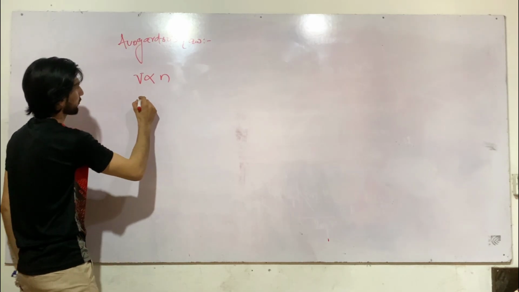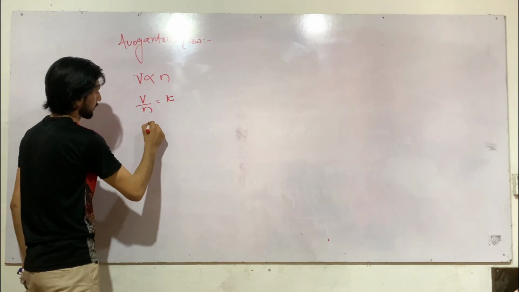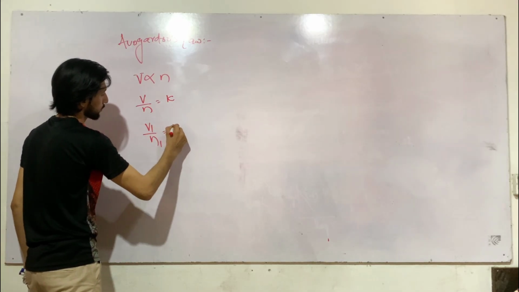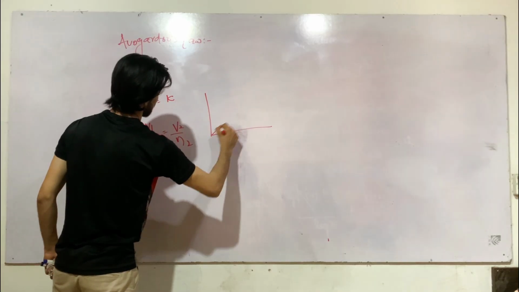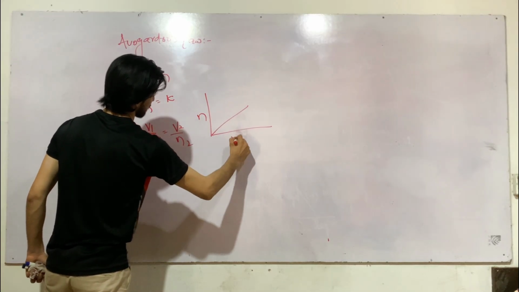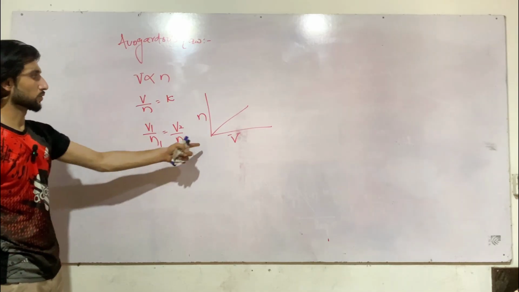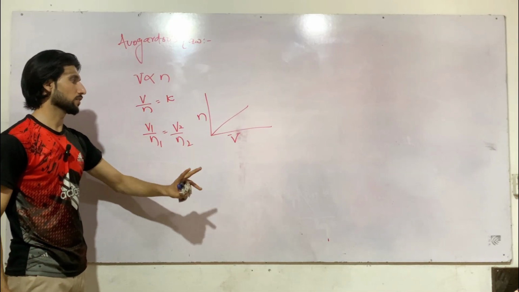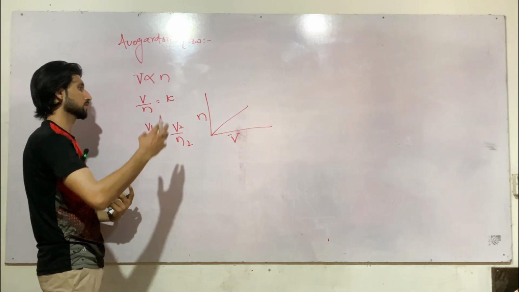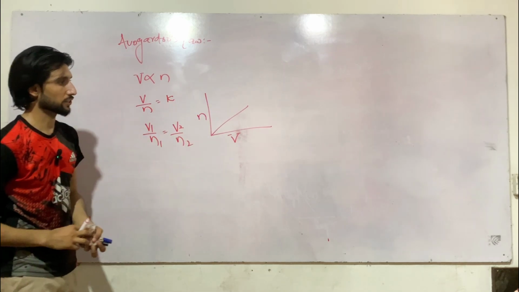So V1 over n1 is equal to k, or V1 over n1 is equal to V2 over n2. If we were to plot a graph, then you would see a straight line starting from 0. For 0 number of moles, you have no volume. As you increase the number of particles, the volume of the gas increases.